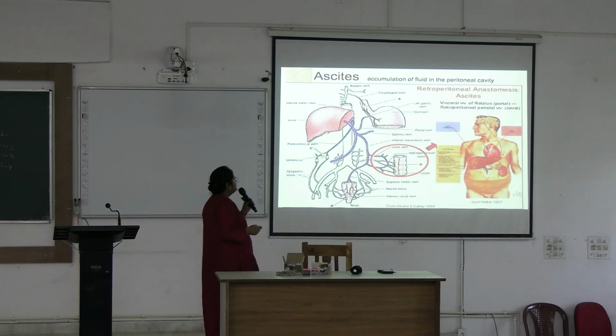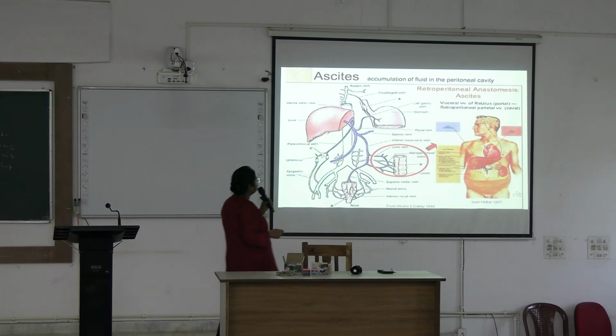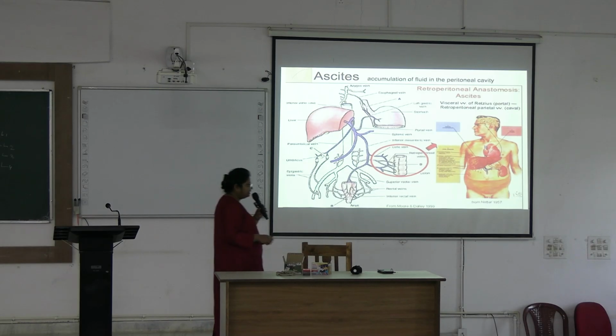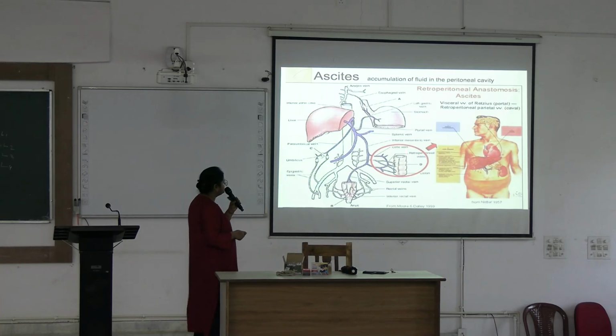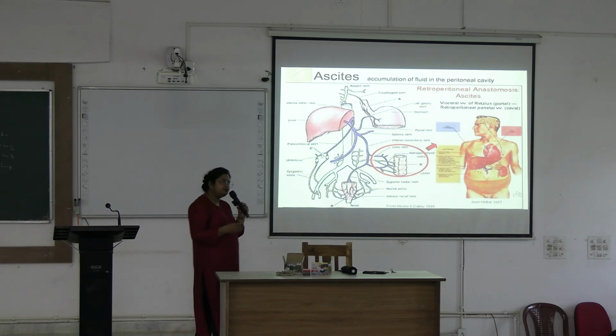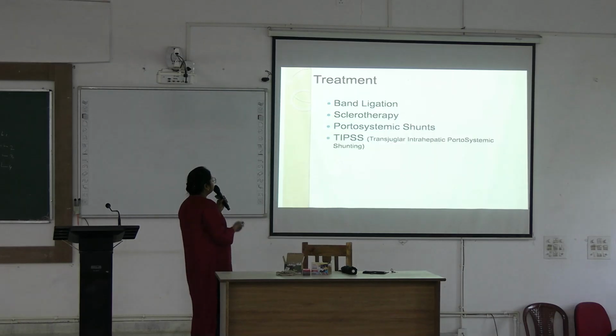In ascites, retroperitoneal anastomosis is occurring between the visceral vein of Retzius, the portal system, and the retroperitoneal parietal vein, the caval system. These two veins anastomose along the colon. So ascites occurs through this retroperitoneal anastomosis and portocaval anastomosis.